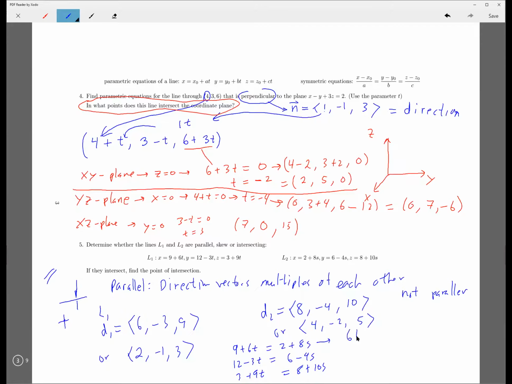So that's 6t minus 8s equals -7. This next one is 3t minus 4s equals 6. And this one is 9t minus 10s equals 5. Right? Is that right?